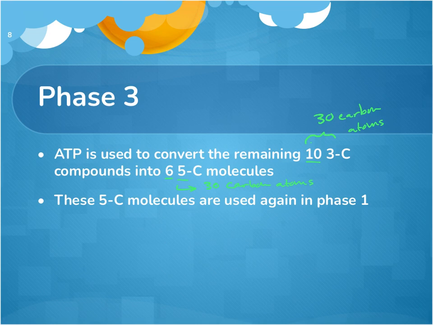So basically we have 30 carbon atoms to work with. We started with 3 carbon compounds and there was 10 of them. We converted them using some chemical reactions into 5 carbon compounds, and there's 6 of them. And then these are going to be recycled because they're the 5 carbon compounds that we started with when we began in phase 1.